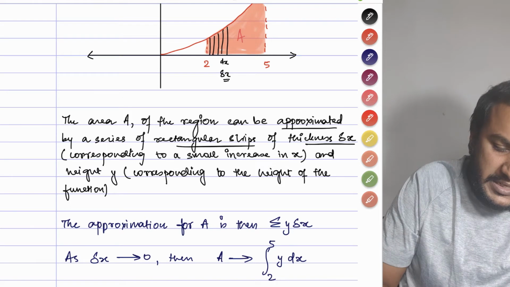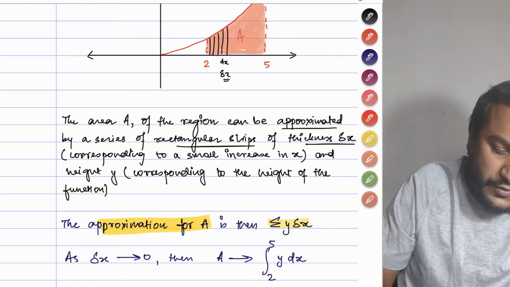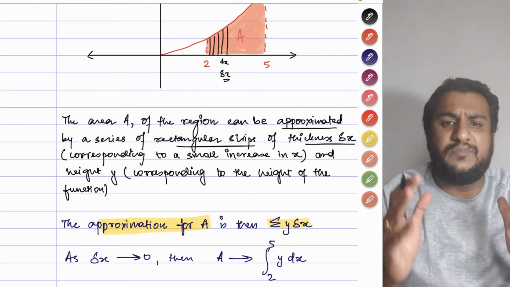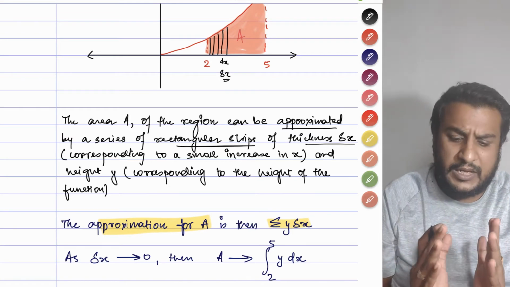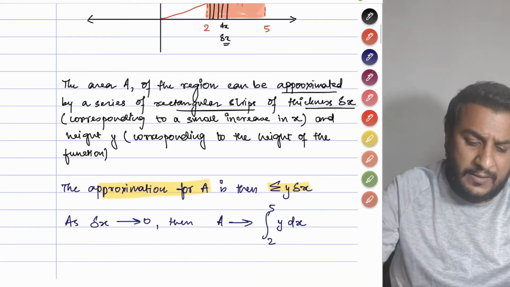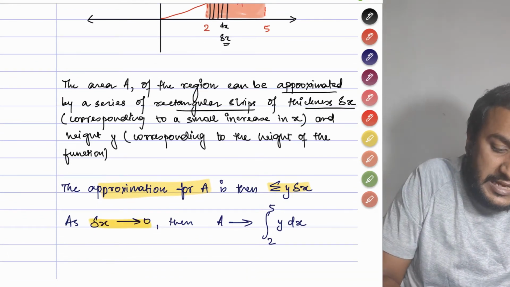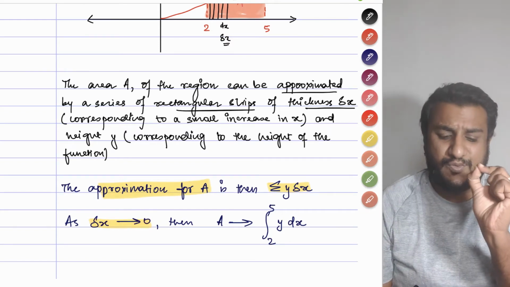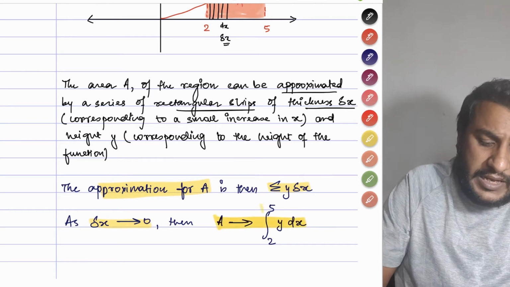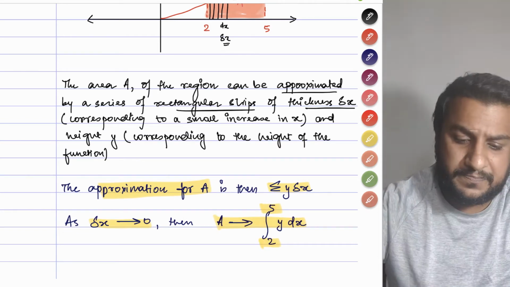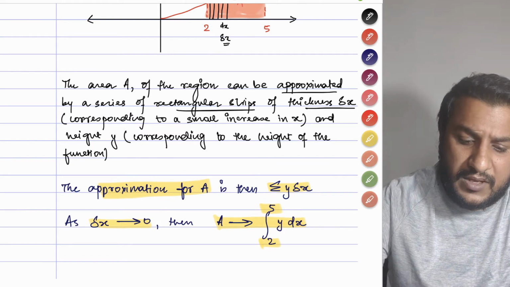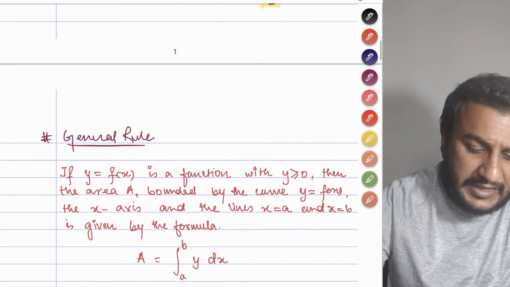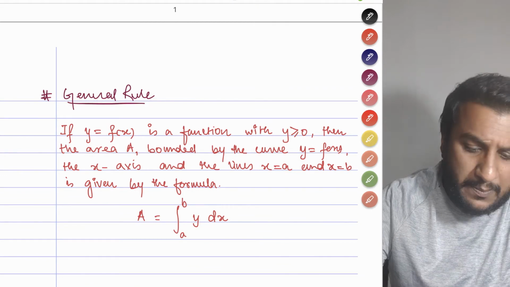For the approximated change in A, we can add up the sum of all the small areas of those rectangles, and if this del x is very small, then we can write down the area using the formula of integration in the given limits. Clear? So let's continue with this idea and apply it generally.